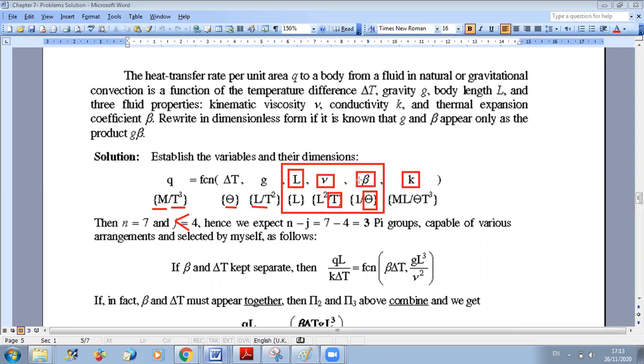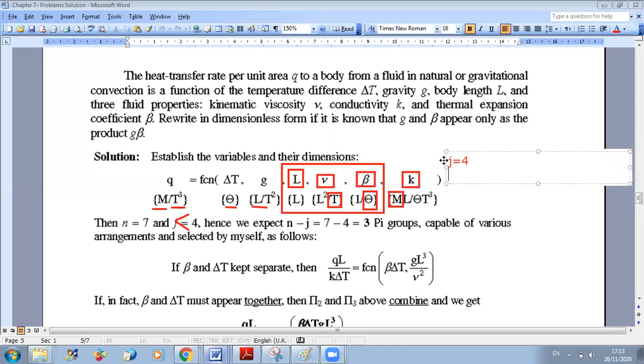And if I add K also, I cannot obtain a group because K is the only one containing M. So from this small analysis, if I choose as variables L, mu, beta, K, I cannot form a group between them. So I can say that J is equal to 4 here.